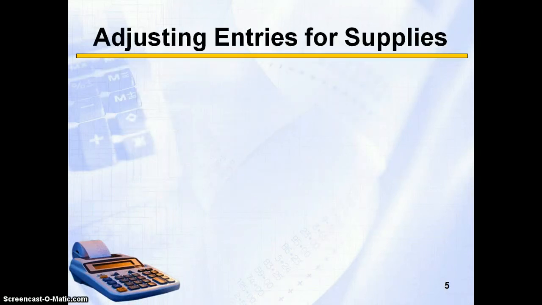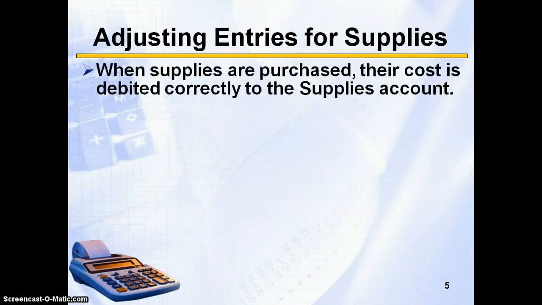We must make adjusting entries for supplies, so we must update the supplies account at the end of the fiscal period. When supplies are purchased, their cost is debited to the supplies account. So every time we purchase supplies, our assets are increasing through the supplies account, and we're going to write that figure on the debit side.